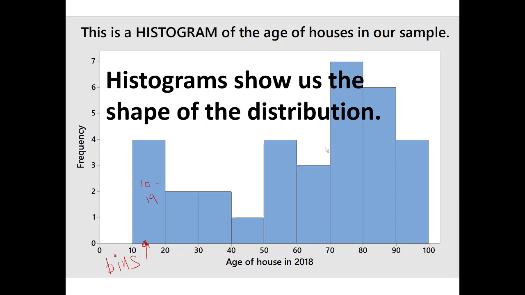So here then we have 20 to 29 years old. So we have 2 houses that are between 20 and 29 years old. In this bin, we have 30 to 39. So we have 2 houses that are between 30 and 39 years old. 40 to 49 years old, we only have 1 house.